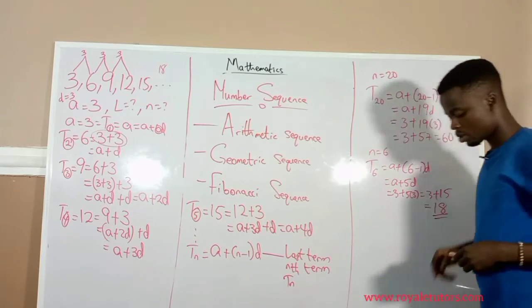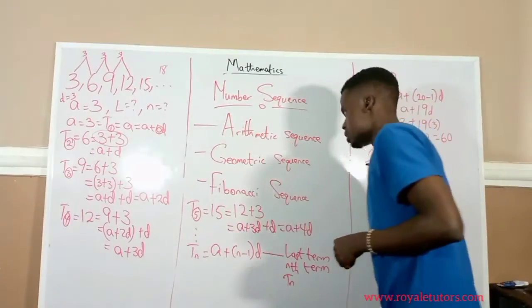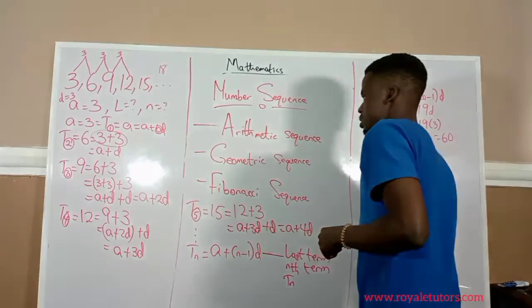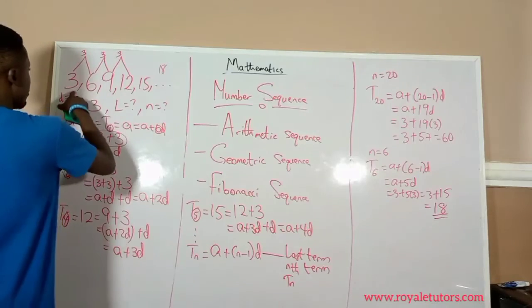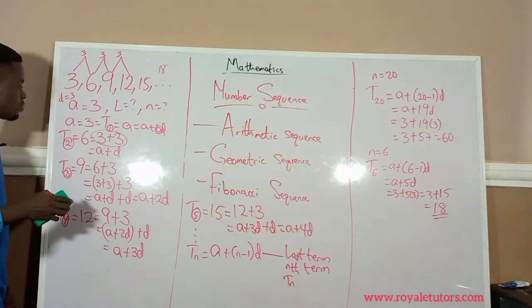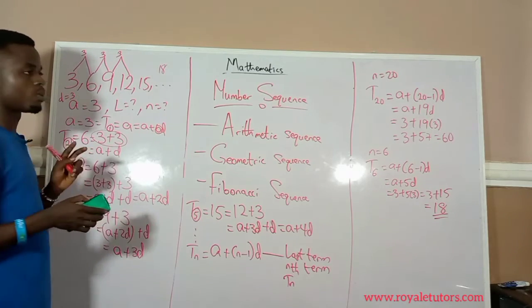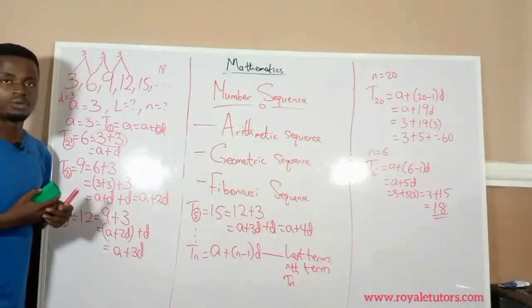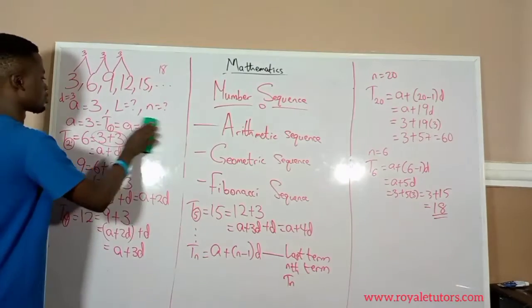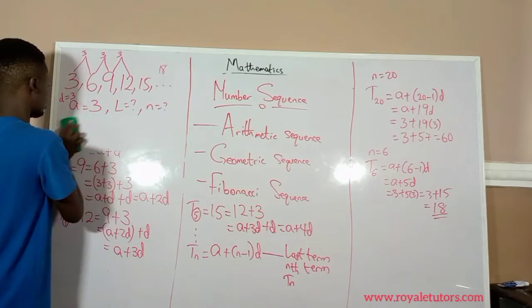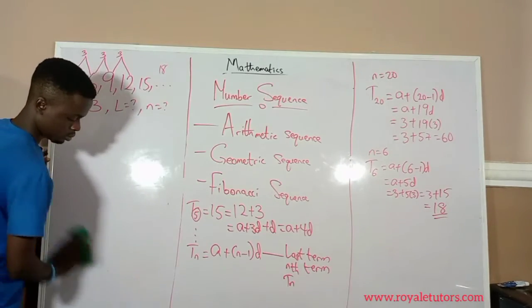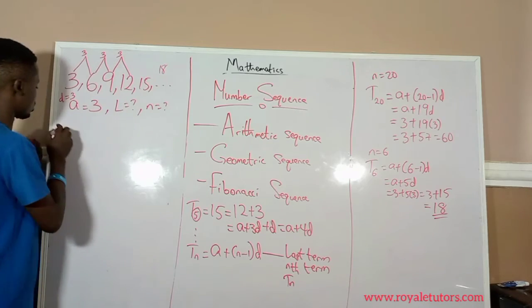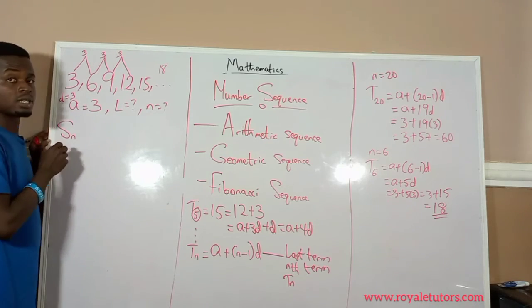Okay, so what about when they now ask you to find the sum of the first n terms? Let's say this same sequence, they ask us to find the sum of the first 3 terms. There are 2 formulas that are going to give us the sum of the first n terms. The sum of the first n terms is written as Sn.